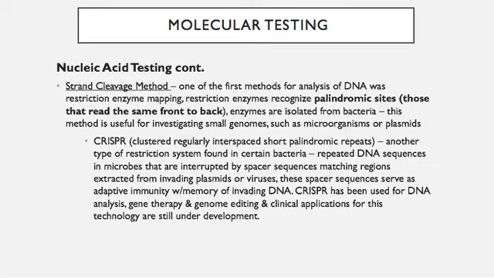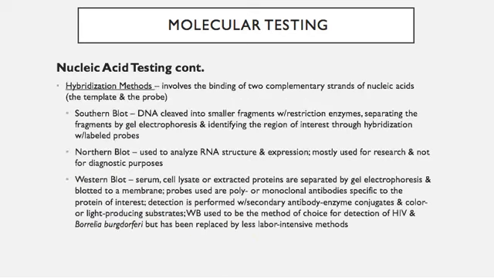These spacer sequences serve as adaptive immunity with memory of invading DNA. So CRISPR has been used for DNA analysis, gene therapy, genome editing, and clinical applications for this technology are still under development. And I think that's a little outdated right now because I think they have come a long way with CRISPR technology now.